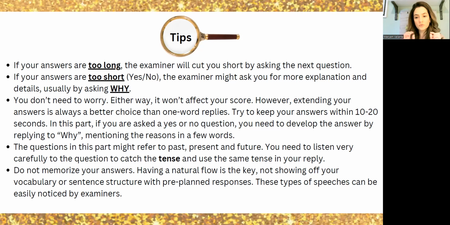So you need to listen very carefully, catch the tense, and if it is simple past, you need to answer in simple past. If the examiner is asking about the moment right now, you need to use probably simple present or present continuous. If the examiner is referring to the future, you can use different types of future.